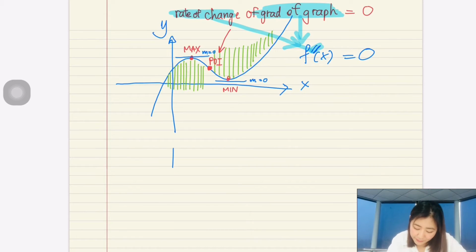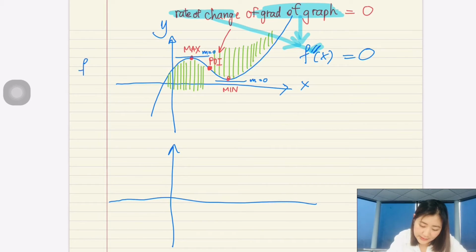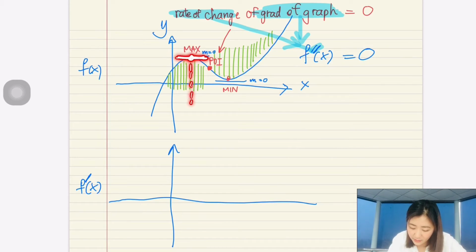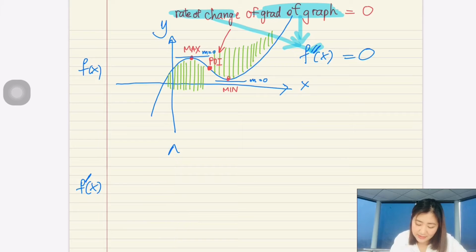So if we plot this, this is f(x). What if we plot f prime x? f prime x is the gradient of f(x). Look at the minimum: the gradient at the minimum point would be 0. I will use the same scale. Let me write it in a better way.